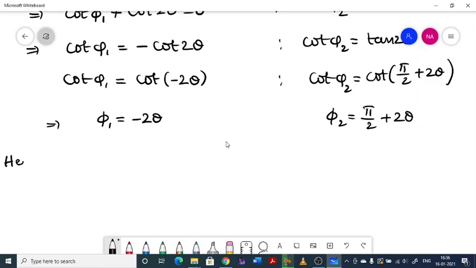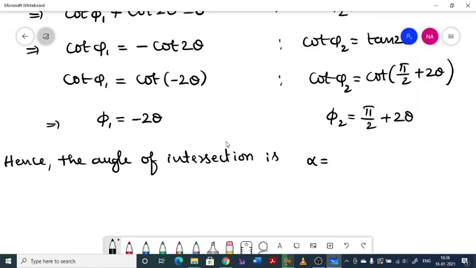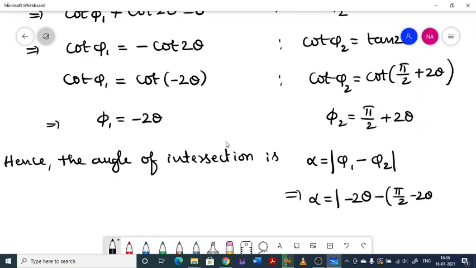Hence the angle of intersection is alpha equal to modulus of phi 1 minus phi 2. So alpha equal to minus 2 theta minus of pi by 2 plus 2 theta.